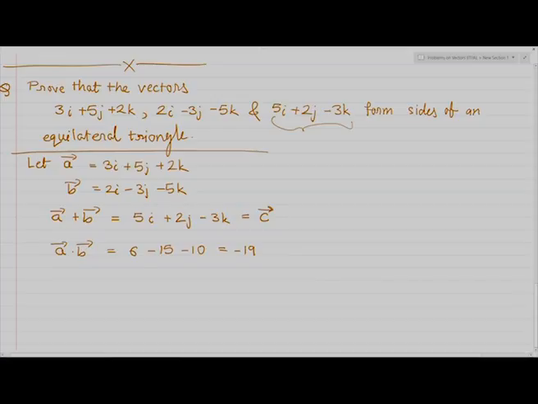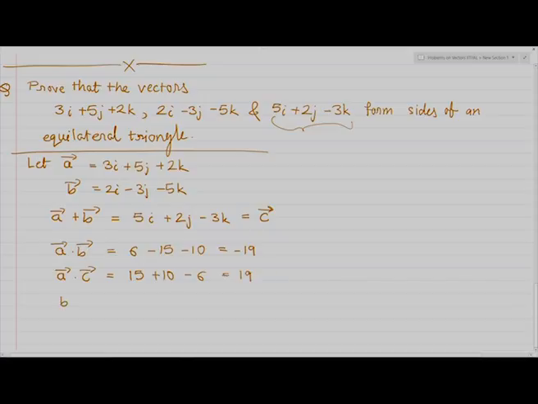so that is 6 minus 25 which is minus 19. Okay. Then A bar dot C bar, what is it? Again it is very easy to show. You just take C bar: 5 into 3 is 15, 2 into 5 is 10, minus 3 into 2 is minus 6, which gives 19.